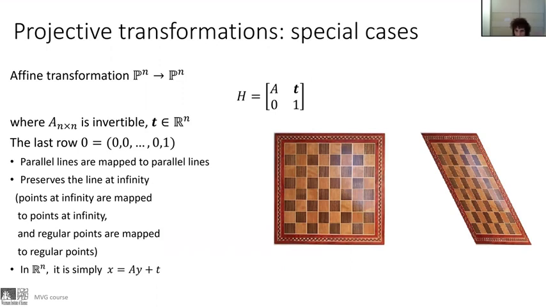So far we talked about homography, and let's now talk about special cases of homography, of projective transformations. We write the transformation by blocks, like here. A is an n by n block.